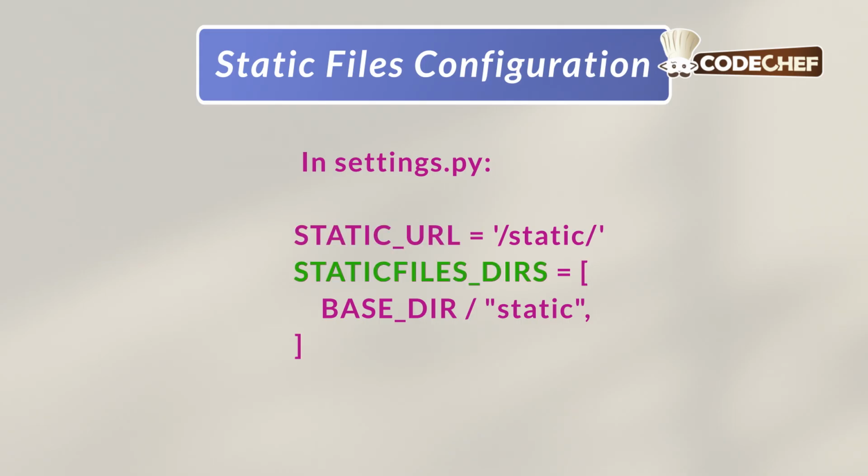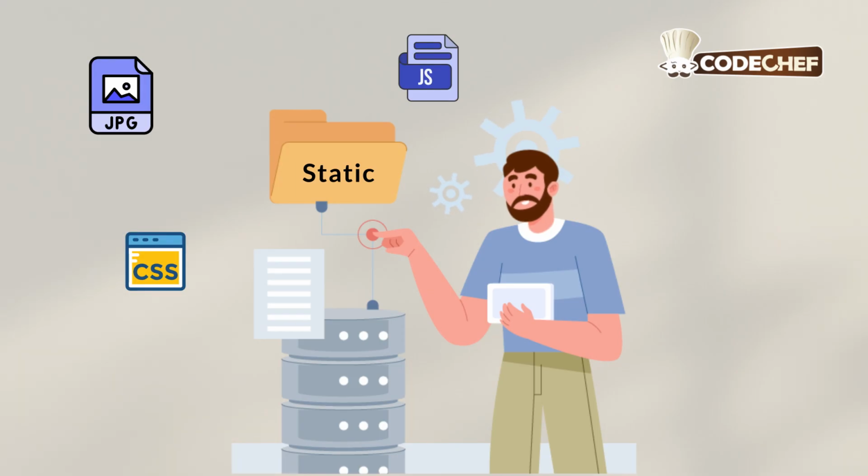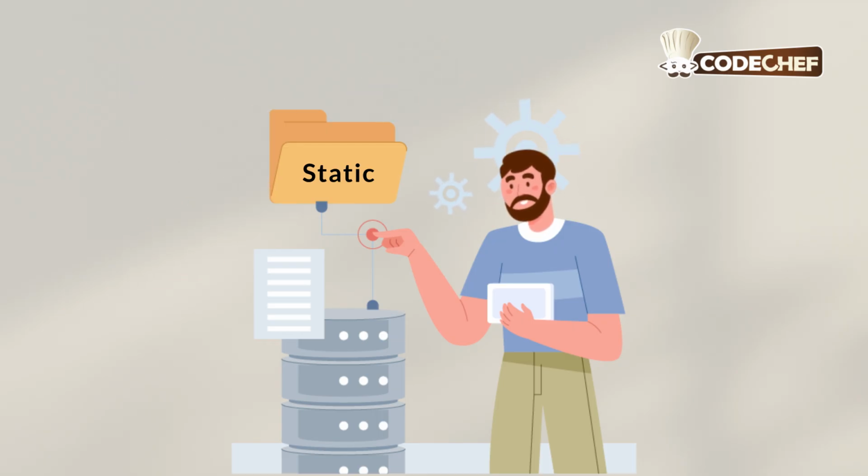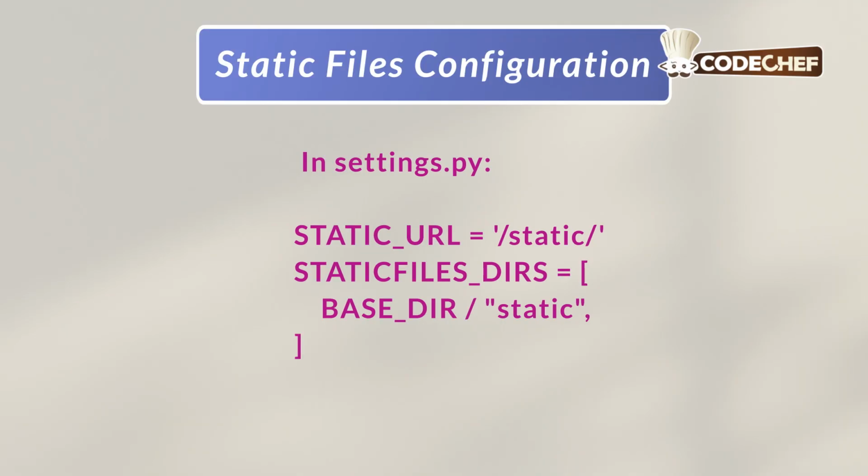Then the STATICFILES_DIRS tells Django where to find your static files in the project. So usually we create a folder named static in the root of the project and store all the CSS, JavaScript, and the images there. So this is a piece of code that you have to put in your settings.py file.